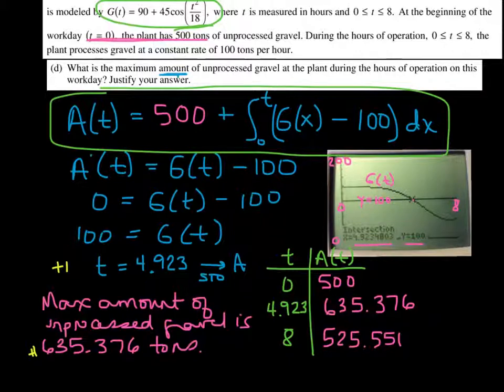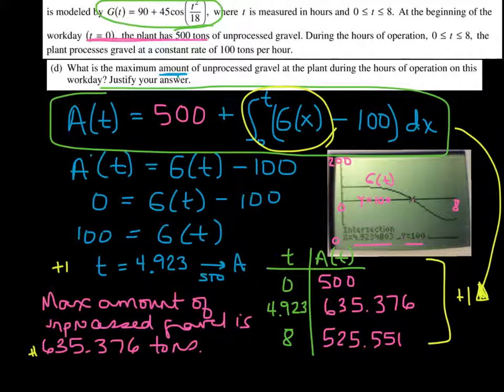And the third point is this justification. So this is a point. Now this point comes from a lot of stuff. This point comes from understanding this formula. And like I said, whether you conceptually understand and write out the entire formula, or whether you kind of broke it up in your head and did 500 in the calculator plus just the integral of this in the calculator minus the integral from 0 to t of 100 in your calculator.